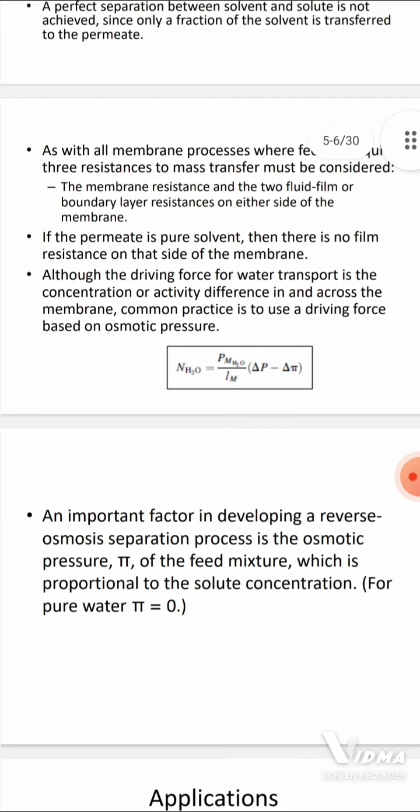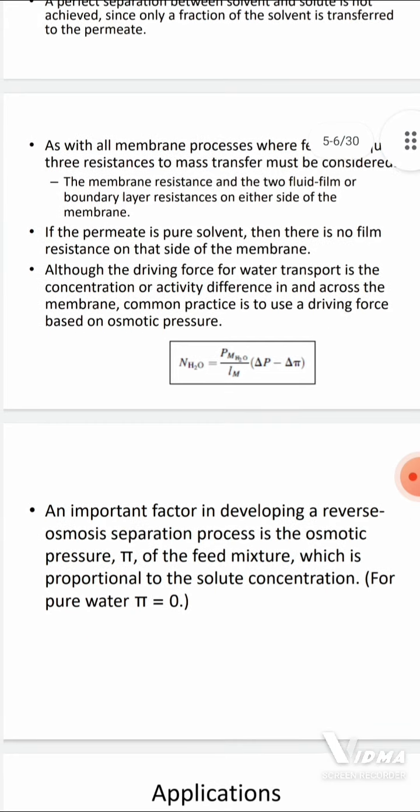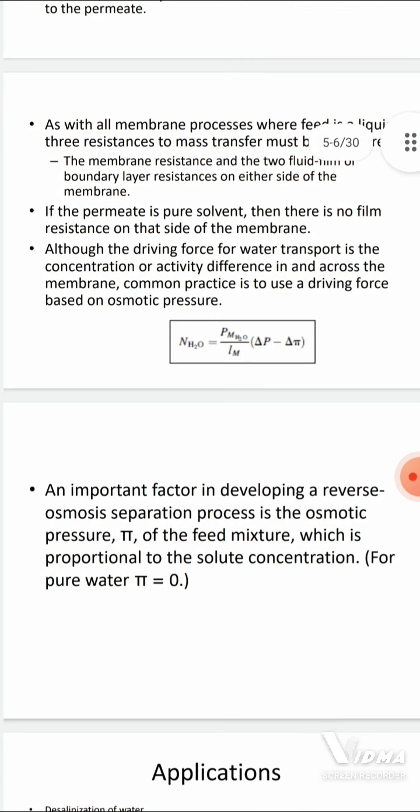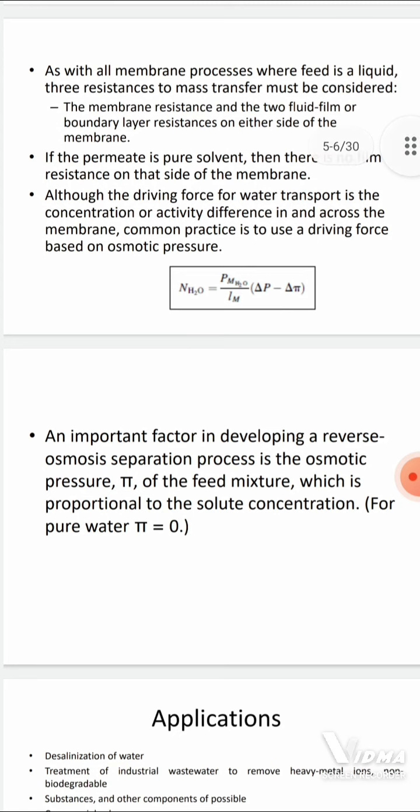And here in reverse osmosis, the permeate side is pure solvent. So the resistance offered is minimum, or it is approximated to 0. So we can neglect that resistance in reverse osmosis. And the solvent flux is given by this equation.